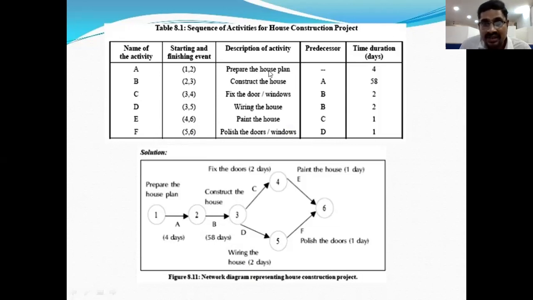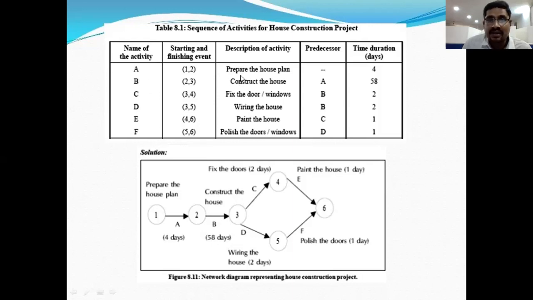Only when the house plan is complete do we start the construction. So that's why B activity has A as its preceding activity. If A is completed, then only B will occur and perform, right?